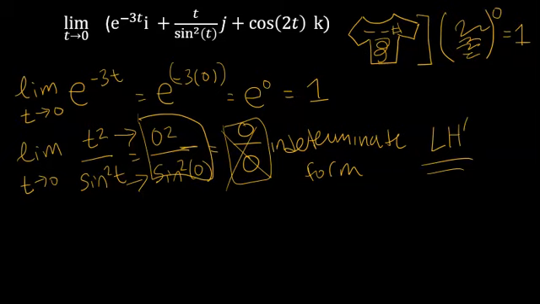Let me get rid of that box right there. Okay, so we go ahead and have an equal sign with an LH on top for L'Hopital, and I'm finding the derivative. So I had this right here, right? This is what we originally had. What I do is I bring down the nth degree to the front, it becomes a coefficient, and it becomes 2t.